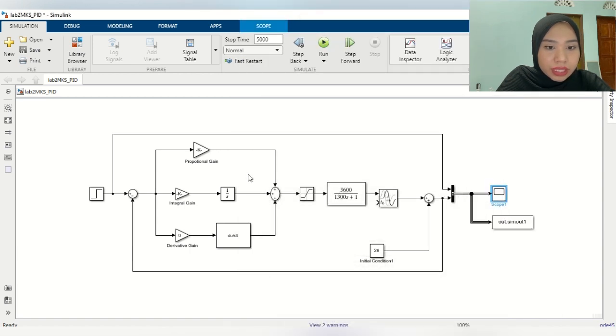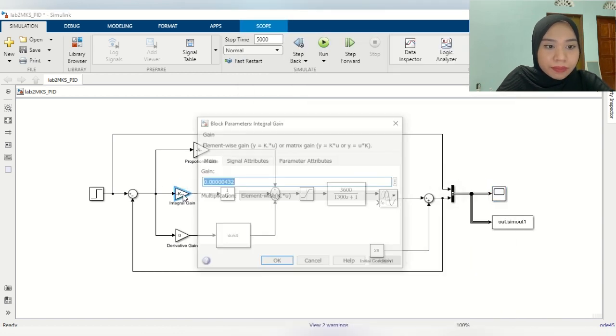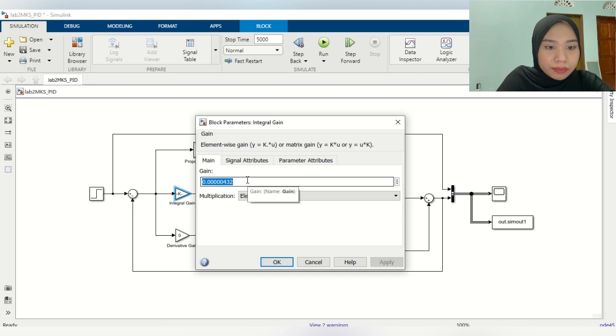So we need to change the integral gain to 0.00000632 and run again for another output.